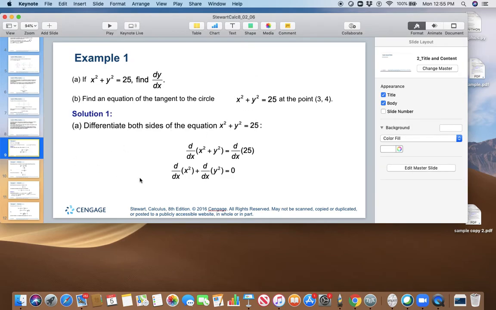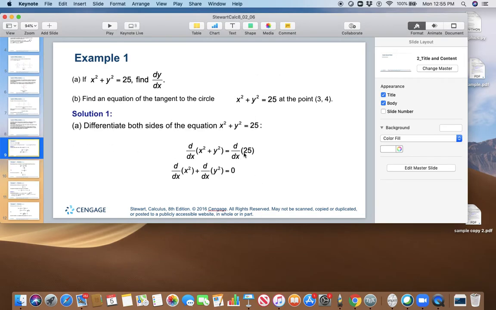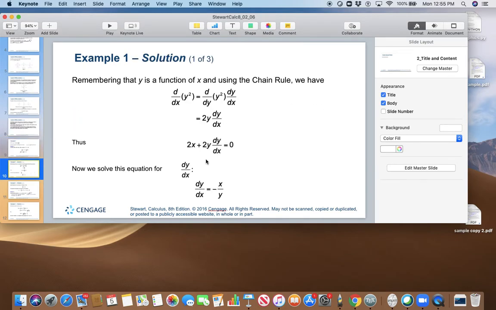On the other hand, the derivative with respect to x of x squared, the variable is the same, it's simply 2x. Because the variables are different, you need dy/dx. That's the chain rule part. The right hand side, if you recall, was 0 because that was a constant.